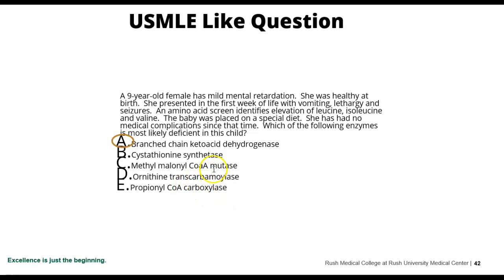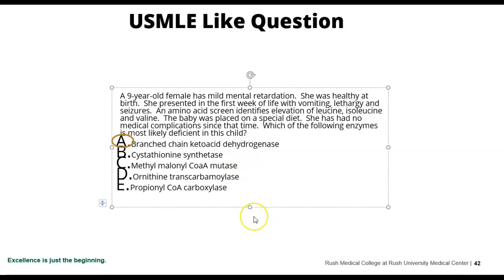This is urea cycle, methylmalonic. This has to do with cystathionine, the homocystinuria. But what they gave you in the answers is the amino acid screen, leucine, isoleucine, and valine. And again, we put the babies on a special low protein diet that has low amounts of leucine, isoleucine, and valine. And this is the enzyme.